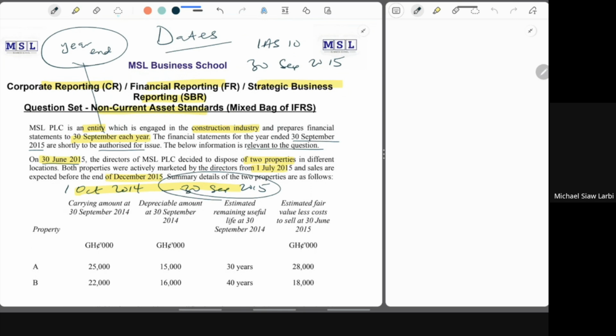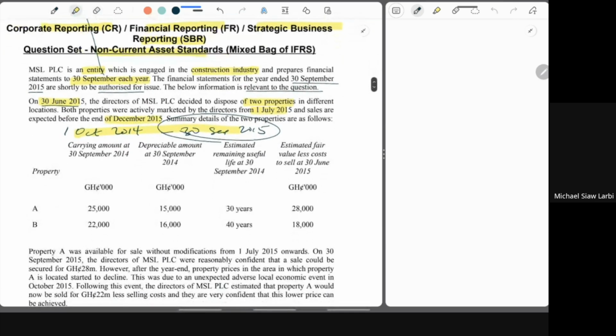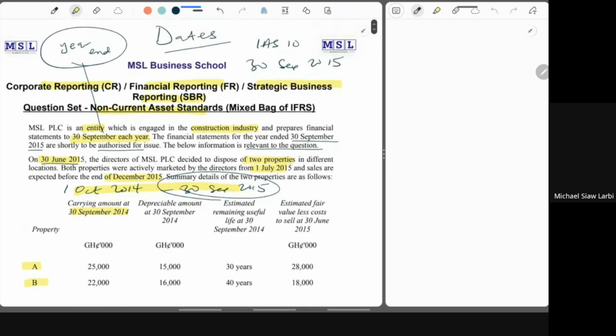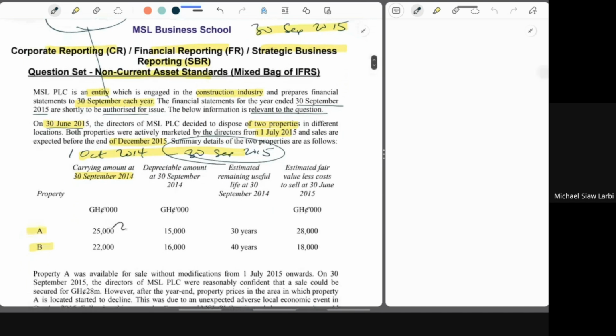Summary of the 2 properties are provided below. So we have property A and B as the question gave us. There are 2 different properties. So as at 30th September 2014, we need to know our year ends, right? This question has a year end of 30th September 2015. So as at 30th September 2014, the carrying amount of property A is 25 million.